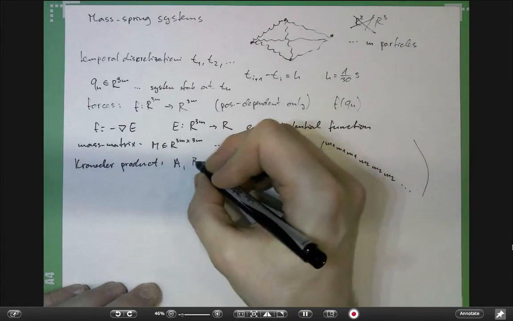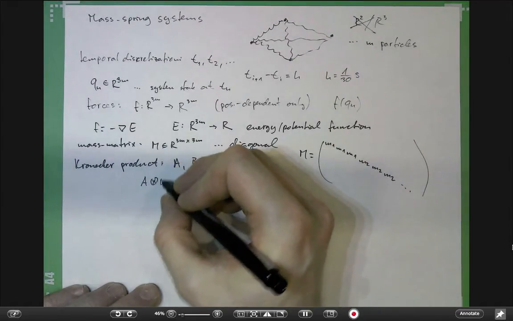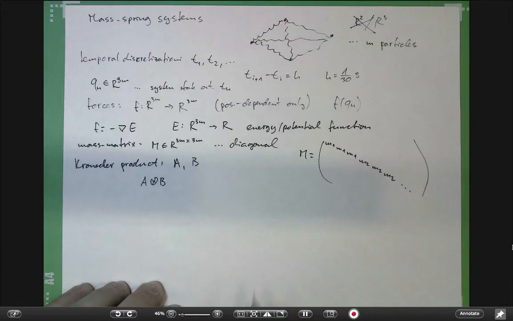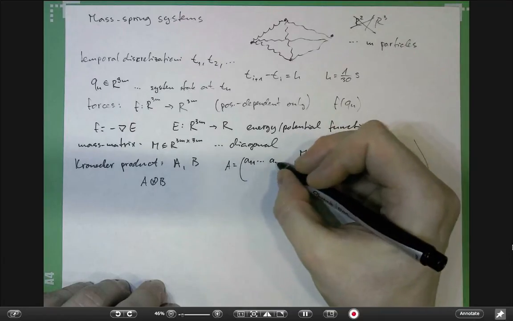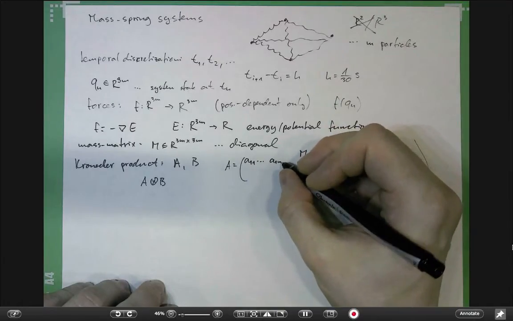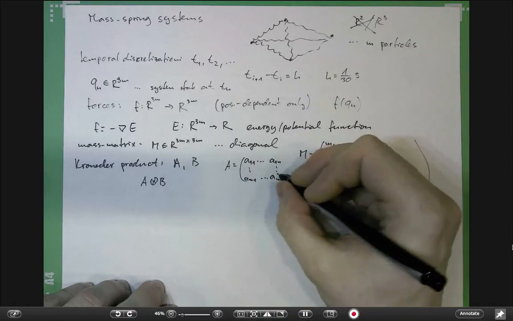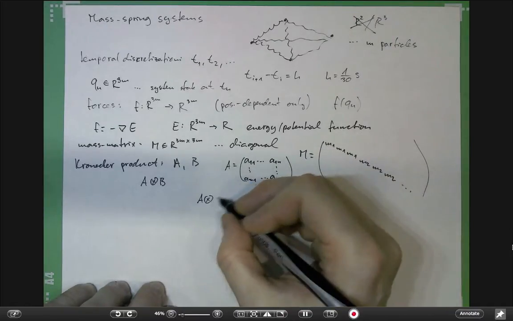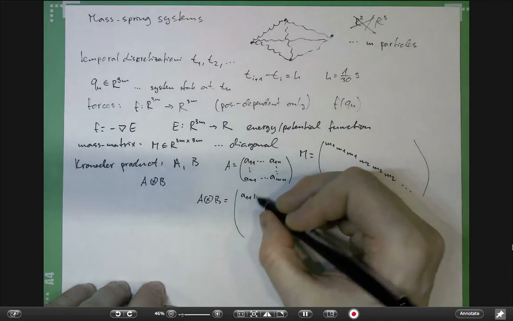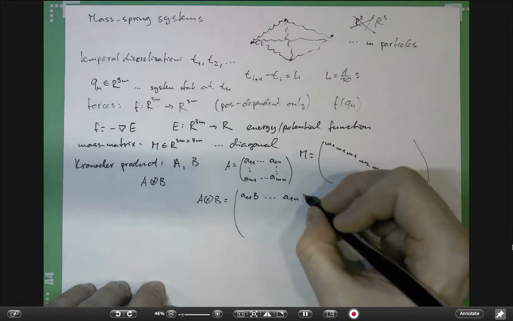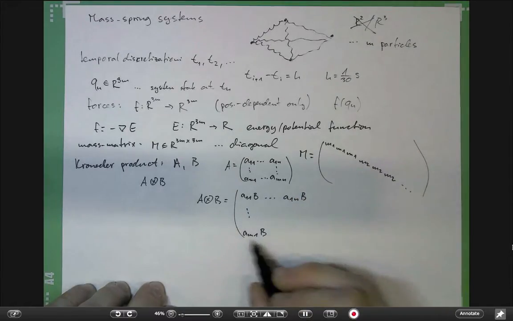If I have 2 matrices, A and B, then the Kronecker product, usually denoted like this, means that I take every element of A. So if A is A11 up to A1n, up to Am1, Amn, then the Kronecker product is simply taking every element of the A matrix multiplied by the B matrix. So A11B, A1nB, Am1 times B. So this is just a matrix scalar product.